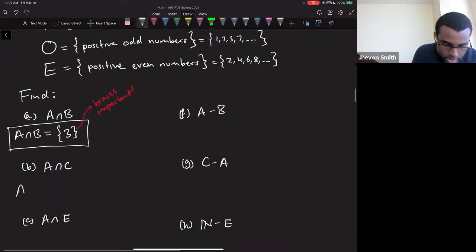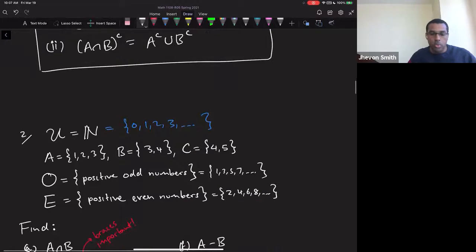What about A intersect C? A is {1, 2, 3}. C is the set containing 4 and 5. What is the intersection? Anyone?